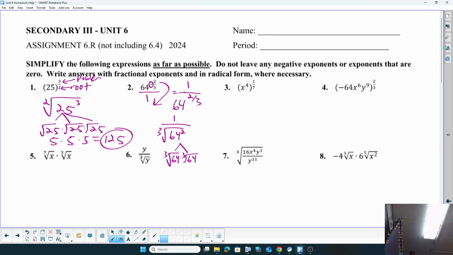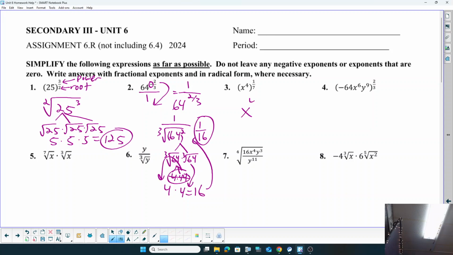There's 2 cube roots, right? 64 squared means there's 2 of them. And so the cube root of 64 is 4 times 4 times 4. So that's going to be our triplets there, that one of them comes out. So we get 4 times, this one is 4, 4 times 4 is 16. And then we bring it back up here and put it back into the fraction. So 1 over 16 is our answer there.